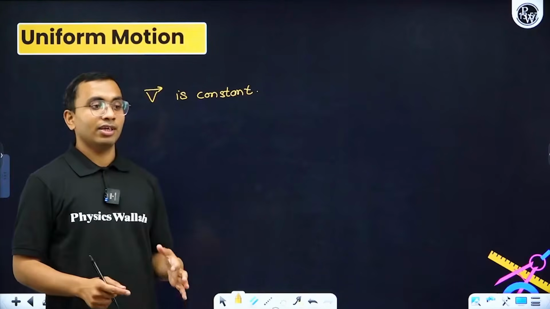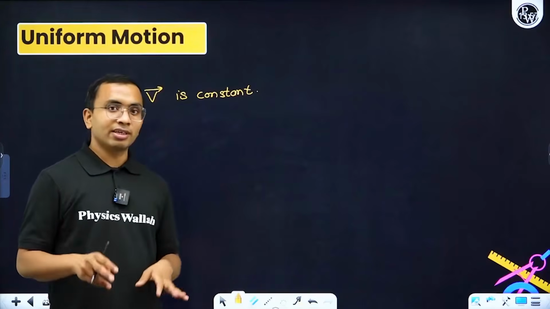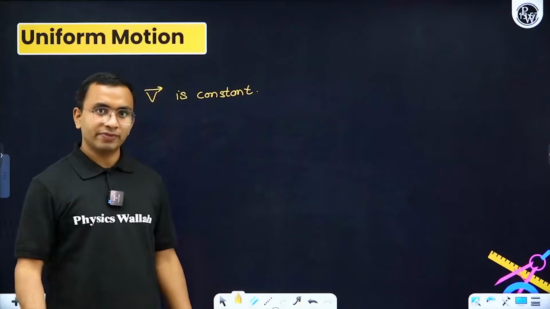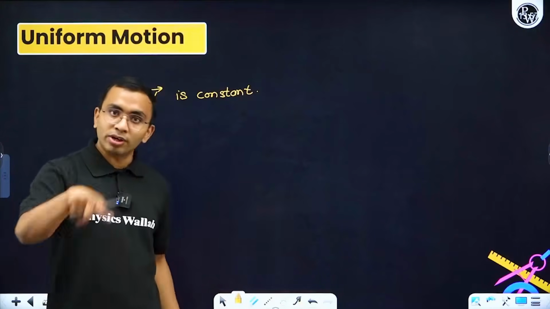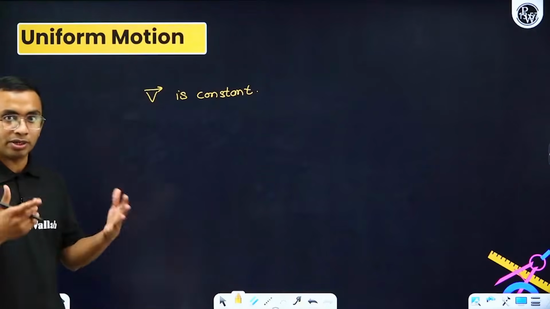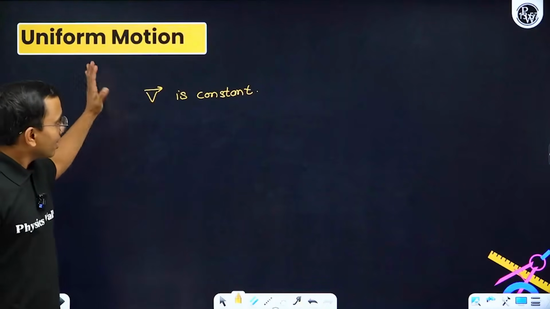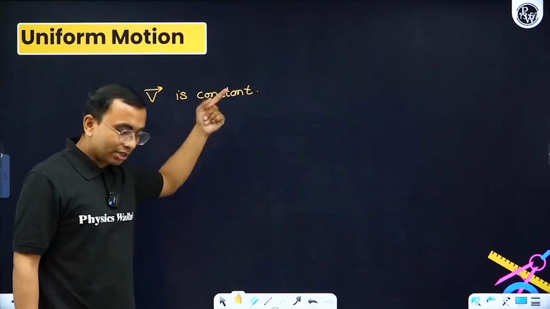Let us take an example: a particle is moving in a circle with constant speed 2 meter per second. If I ask you, is that uniform motion? No, that is not uniform motion. Why so? The direction is continuously changing. The velocity is not constant at any particular instant. So I'll say here the velocity must be constant, both the magnitude and direction.